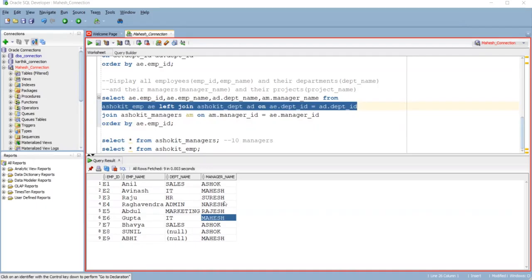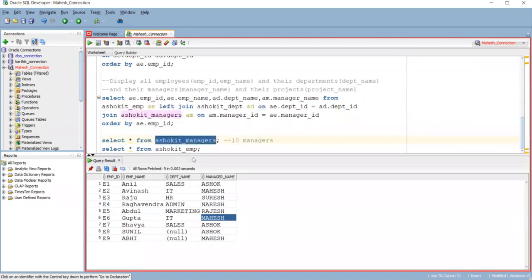So for the present data of these two tables, every employee is mapped with the correct managers. In the future, if I get an employee with a wrongly mapped manager, then the employee will be missed or not?